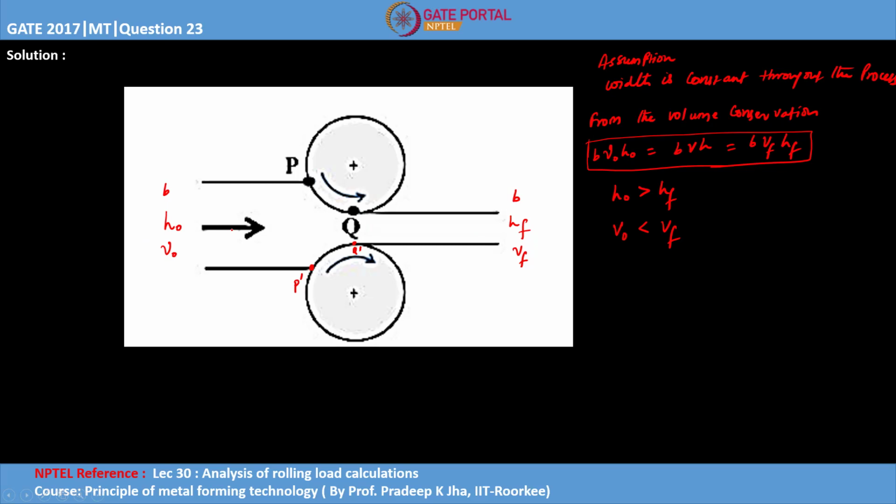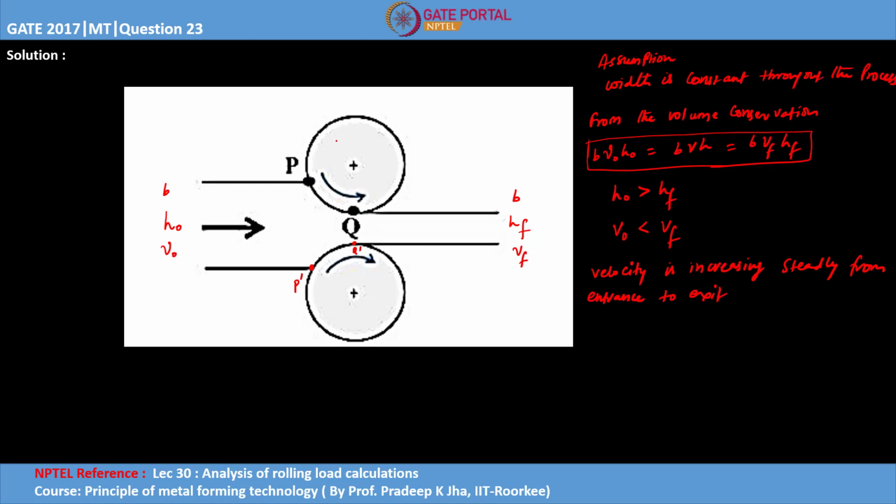So this is the conclusion that we can draw, which means the velocity is increasing steadily from entrance to exit.